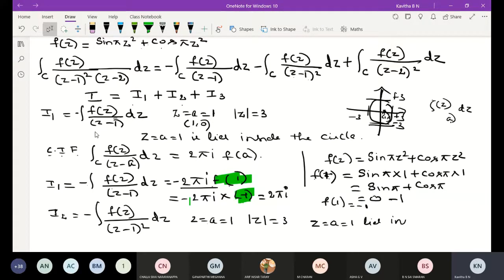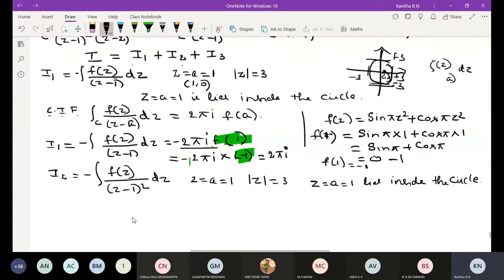Inside the circle, we have to apply generalized Cauchy's integral formula, because here there is a power, z minus 1 whole squared. GCIF is generalized Cauchy's integral formula.